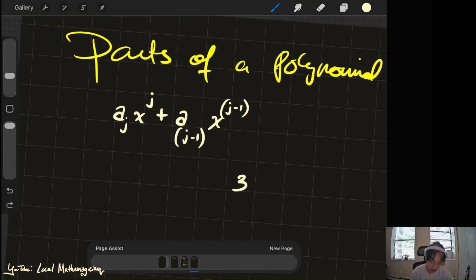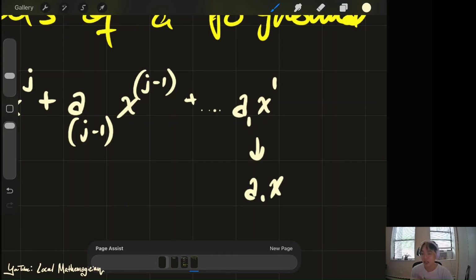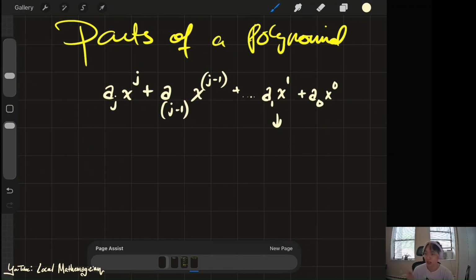And then you have a sub 1 x to the 1, which can be written just as a sub 1 x. So it could be like 3x, 10x, pi x, whatever. Plus a sub 0 x to the 0, which, like we said, can be the constant. So let's say this is your polynomial, just as generic as you can get.